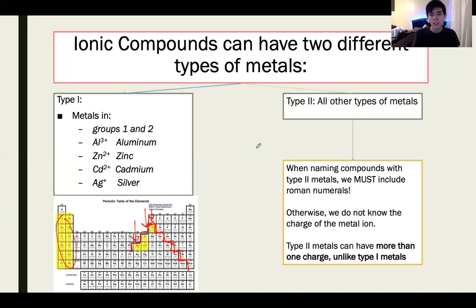So, for example, you could have iron(III) oxide, or you could also have iron(II) oxide. In this case, iron has a +3 charge. In this case, iron has a +2 charge. So using the Roman numerals is important when we're distinguishing between metals that can have more than one charge.